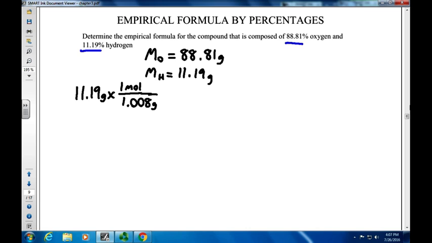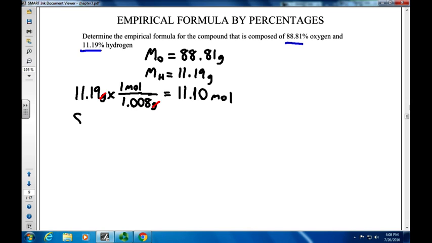Grams and grams cancel each other out, and you're left with moles, which is what we want. So this molecule could potentially be 11.10 moles of hydrogen.